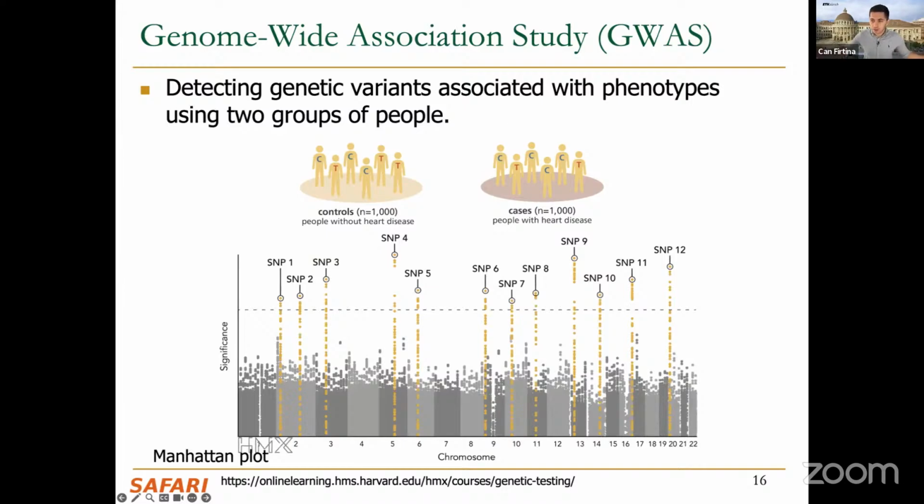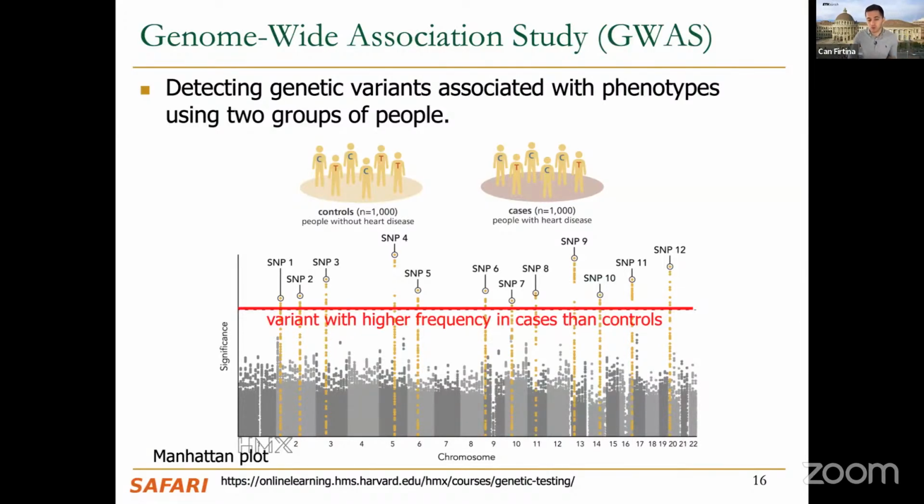And then, as I said, you can sequence all of their genome and then look at the SNPs, the mutations, the variations that each individual has, and then identify whether the people in this group consistently share particular SNPs with a high frequency compared to the people in the control group, right? And then you can say, okay, if you have the sequence of these SNPs, or if you have only this SNP and so on, you're likely to have heart disease, right?